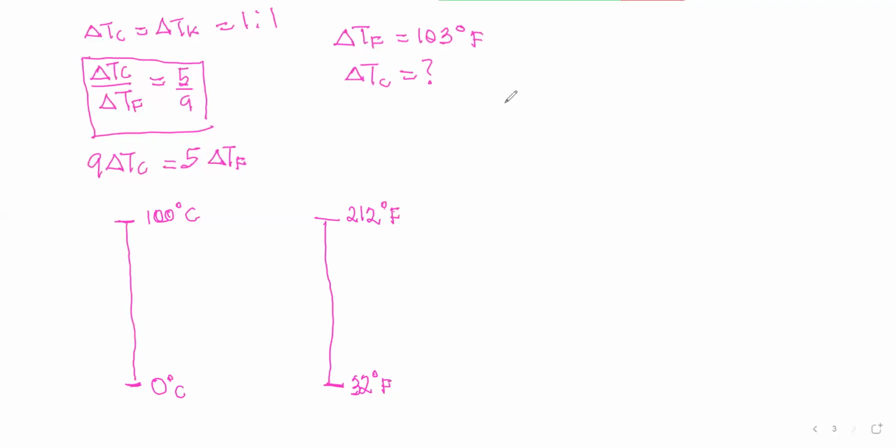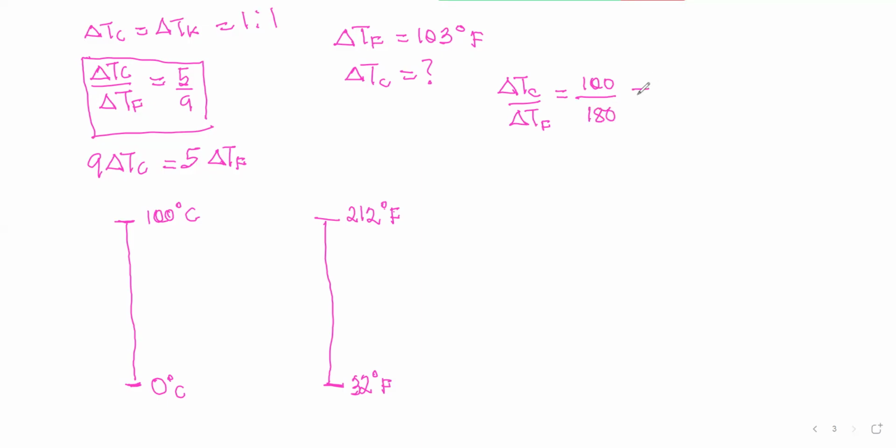So using that, we are to look for delta TC. Delta TC over delta TF would be equal to 100 minus 0, which is 100, over 212 minus 32, which is 180.